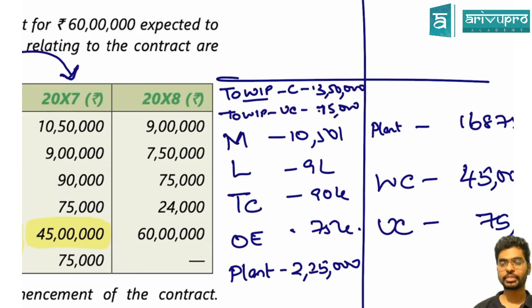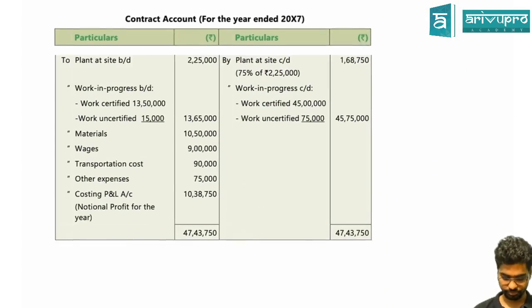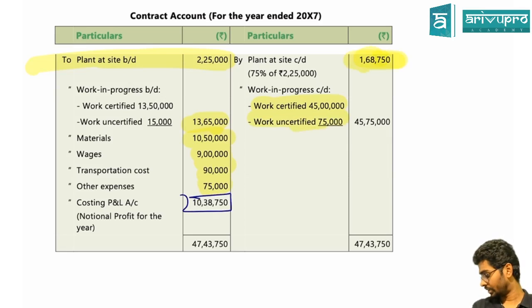Are you clear? This is just the new addition because it's a continuation, or else everything else remains the same. Are you clear? So, see, opening value of plant, then my work, then all my expenses, here work certified, work uncertified, and the plant inside. So I will end up getting a notional profit for the year 1038.